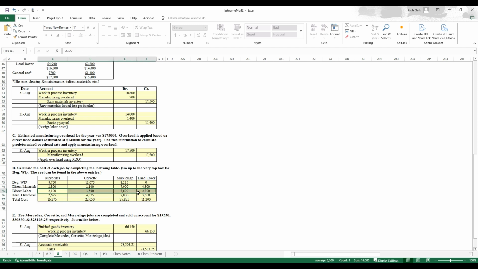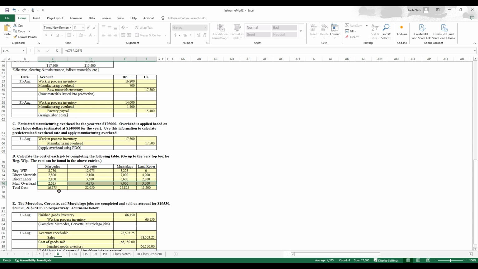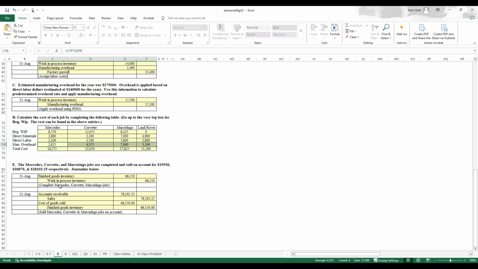Direct labor, you can see the 14,000 down here, 14,000, and that sums up to the total here. And then the manufacturing overhead, again, that's based on our 125% of direct labor. So we just take 125% times the actual direct labor we recorded.